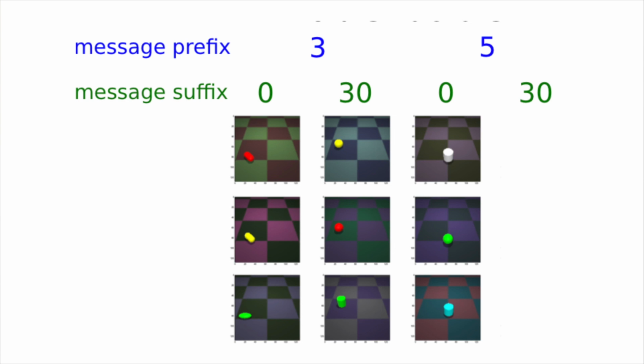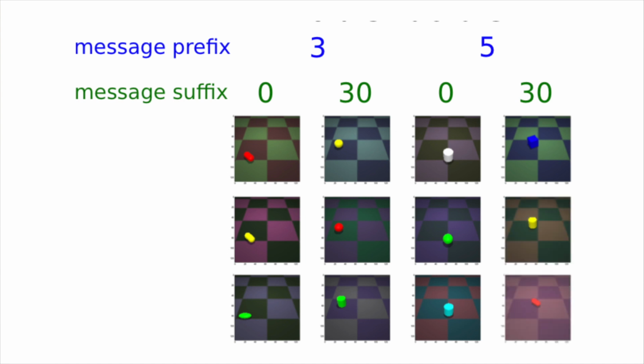And if we look, the objects with a suffix of 0, they're both kind of the same location up and down, but the prefix of 5 versus 3 is sort of shifting where they are horizontally, right? And then we've got 5 and 30.